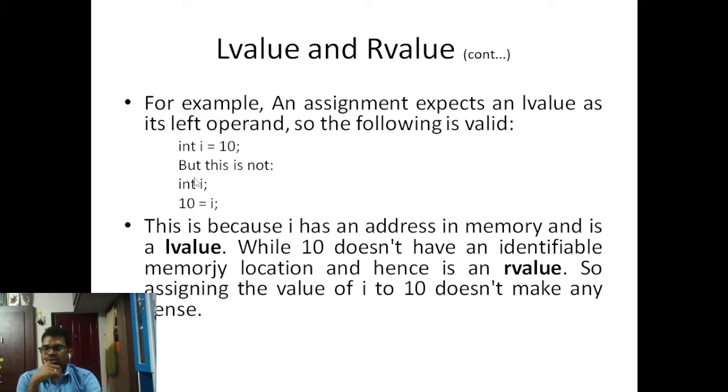Look into these 2 lines of code: int i; 10 = i. 10 doesn't have any location, so it cannot be an L value. i is an L value and it can be an R value too, but this cannot be done in this way.